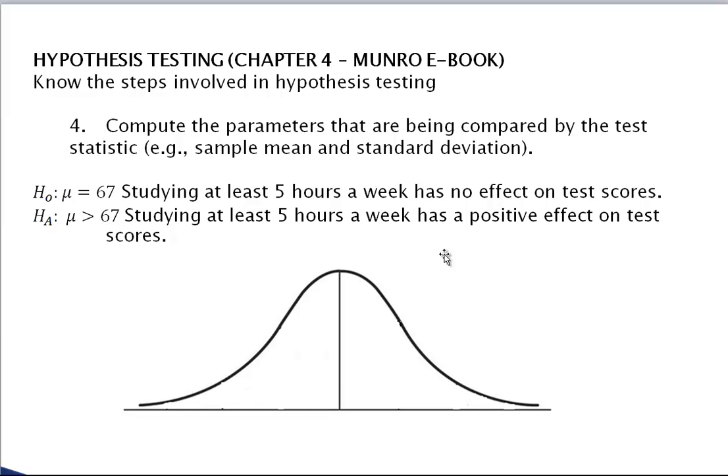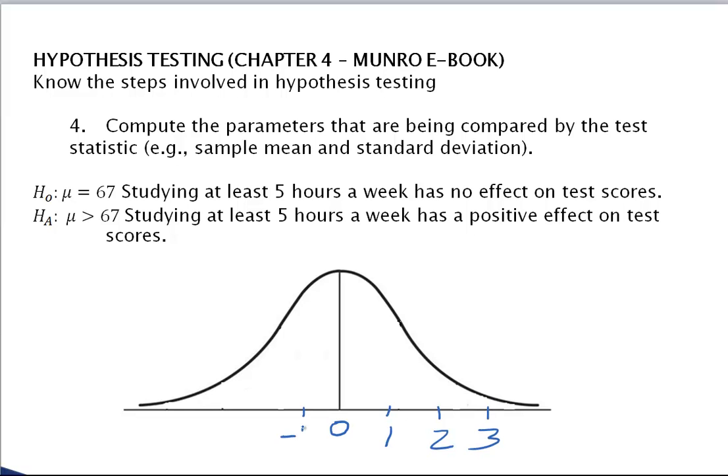And just to illustrate, the mean is always here, and what we do is we call it standardizing the normal curve. The mean, we just call it 0. And then to the right would be 1 standard deviation away, 2, 3.